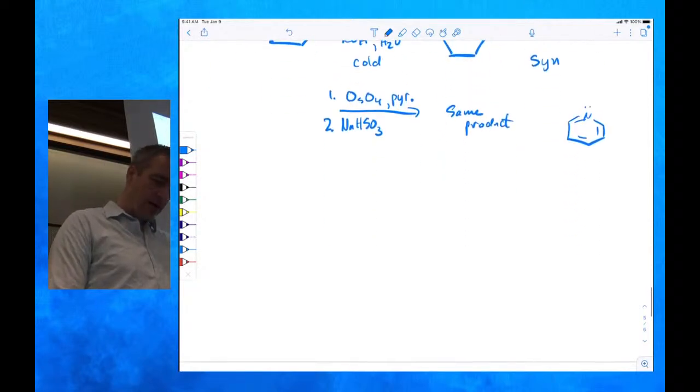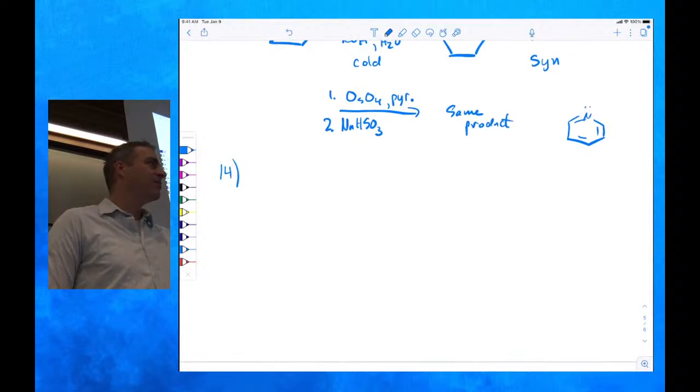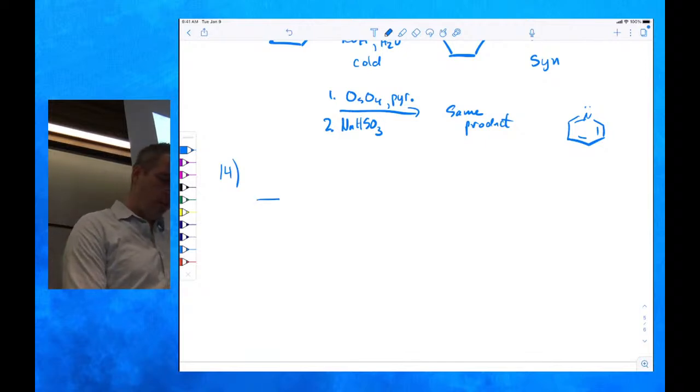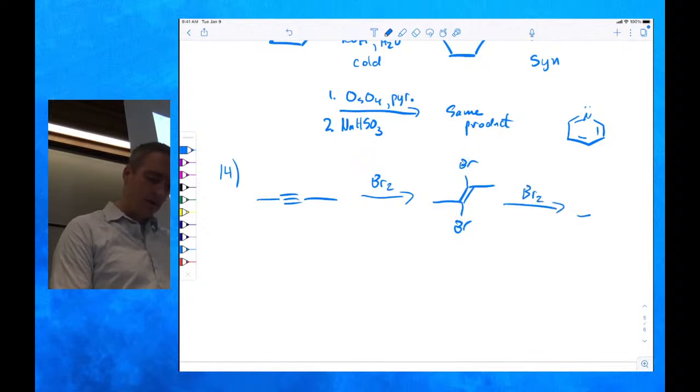All right, what else do we have in this unit? Scraping the barrel now. There's a couple of reactions that were like the previous reactions but on alkynes. So one of them was addition of X2, like Br2 or Cl2. This will add once. You can stop it there, or you can add another one to make a tetrabromo alkane.